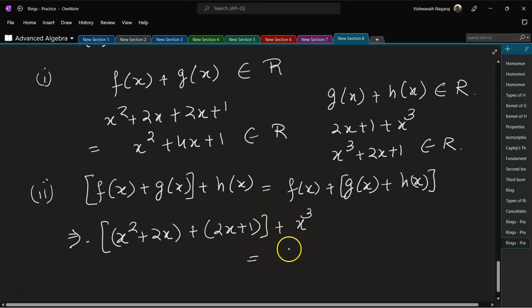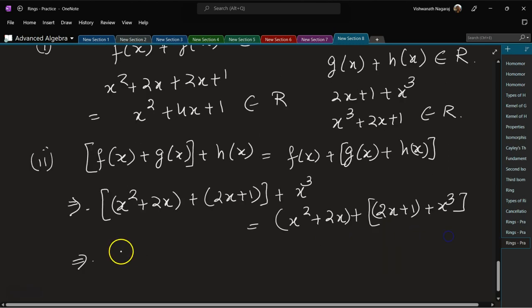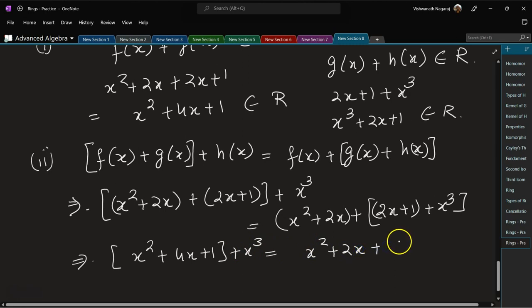This should be equal to x square plus 2x plus, g of x is 2x plus 1 plus x cube, which implies this will be x square plus 4x plus 1 plus x cube equal to x square plus 2x plus 2x plus 1 plus x cube, right?